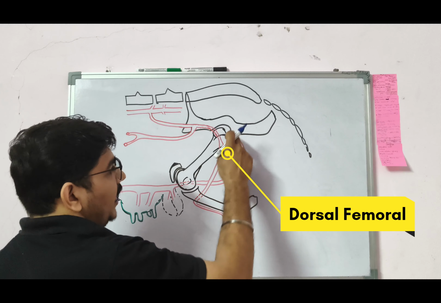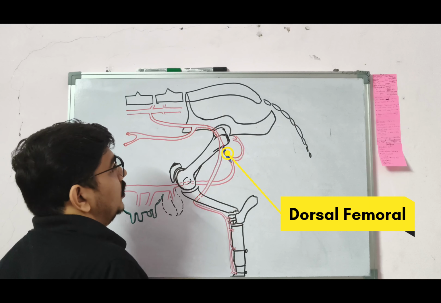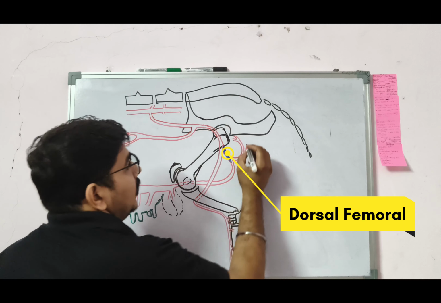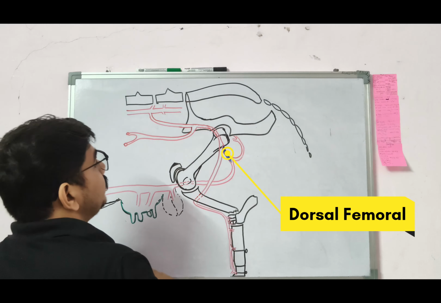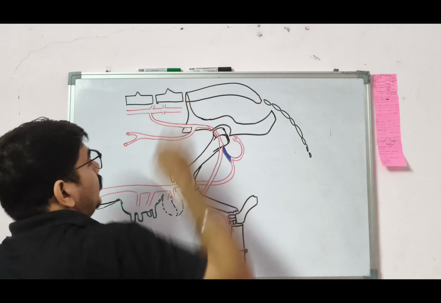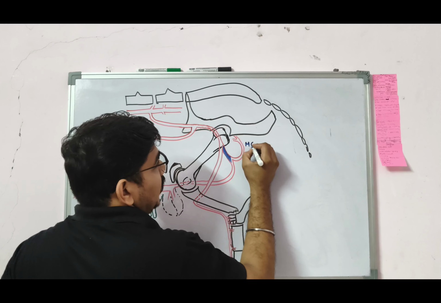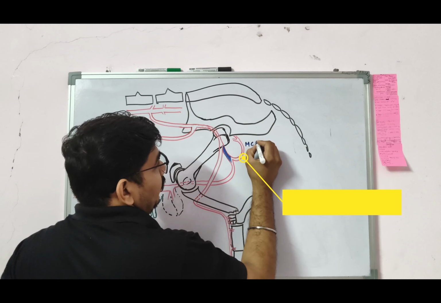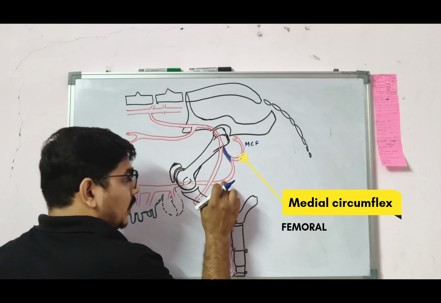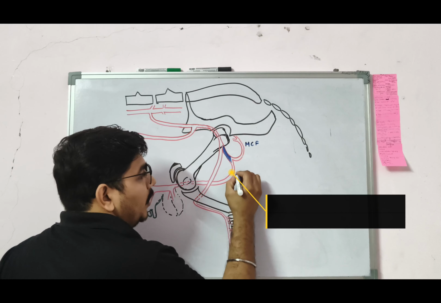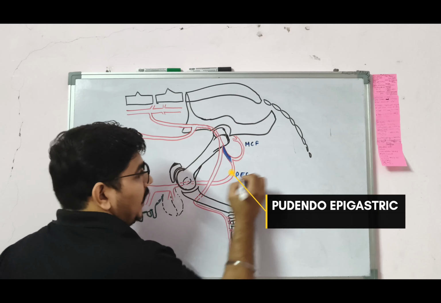Which bifurcates and gives the branch known as median circumflex femoral. The other branch is pudendal epigastric.